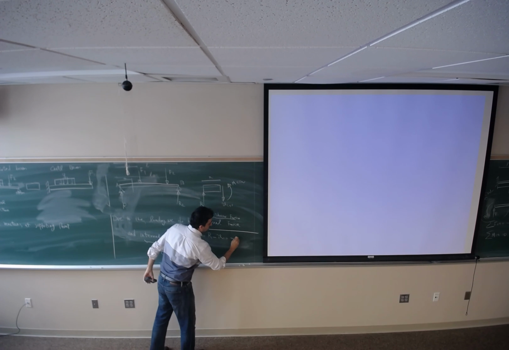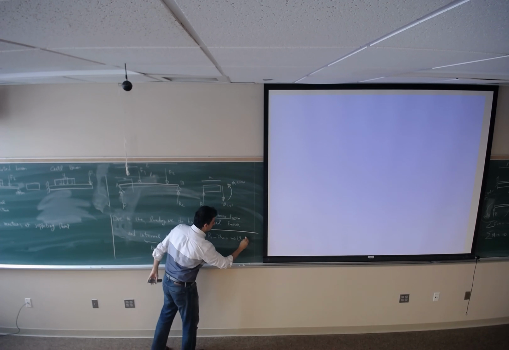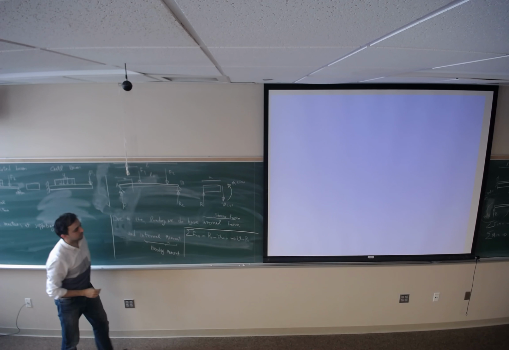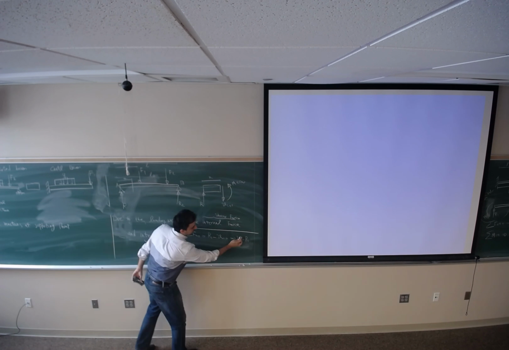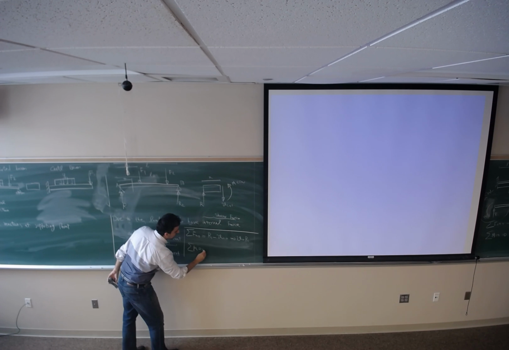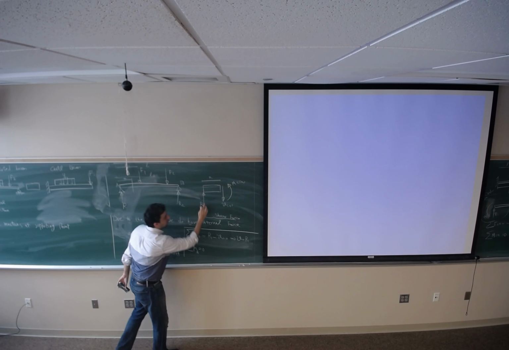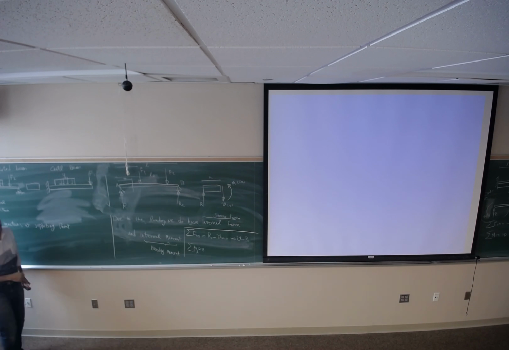So the shear force is going to be R1. I can find the magnitude of the shear force. And summation of the moment about point A should be 0, because point A is not rotating.